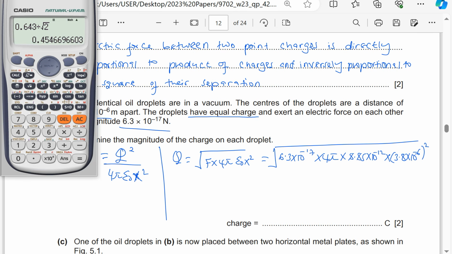So I'll just press my calculator. 6.3 exponent minus 17 times 4 pi times 8.85 exponent minus 12 times 3.8 exponent minus 6, but this is squared.